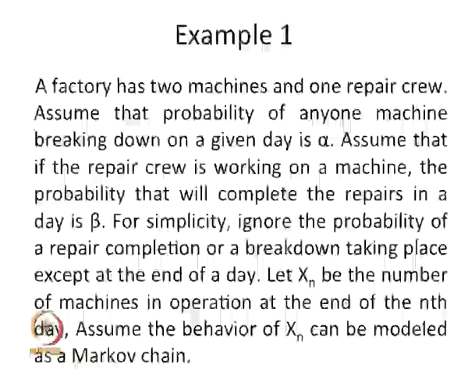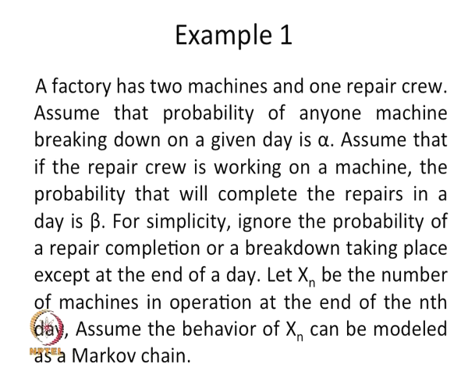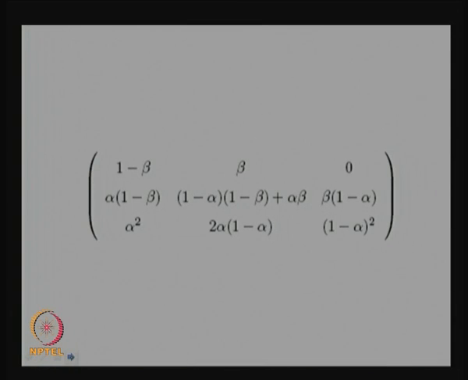Our interest is to find the one step transition probability matrix, with the assumption that X n is also time homogeneous. Since it is a time homogeneous DTMC, we are trying to find the one step transition probability matrix P for the given DTMC. The possible states are 0, 1 and 2.